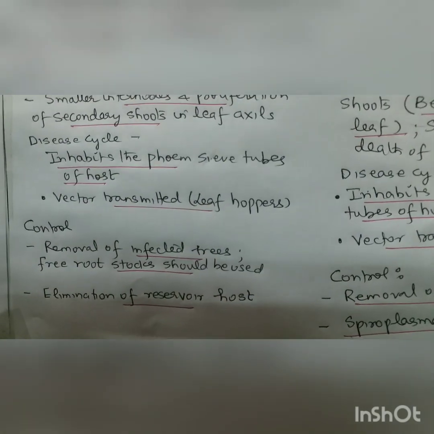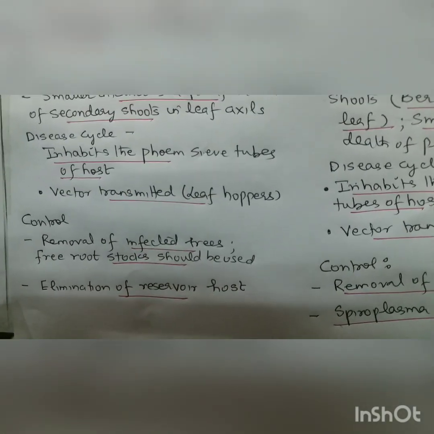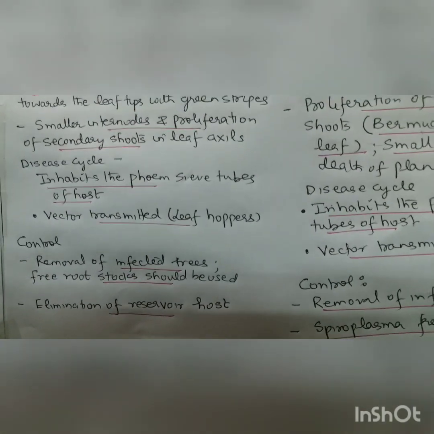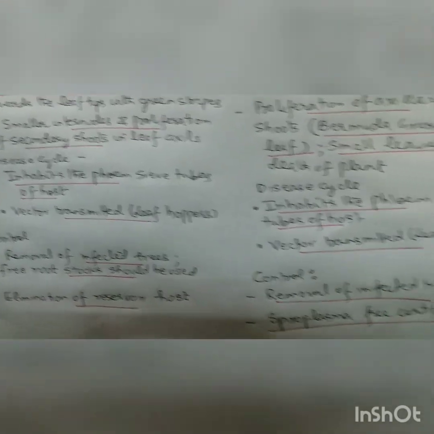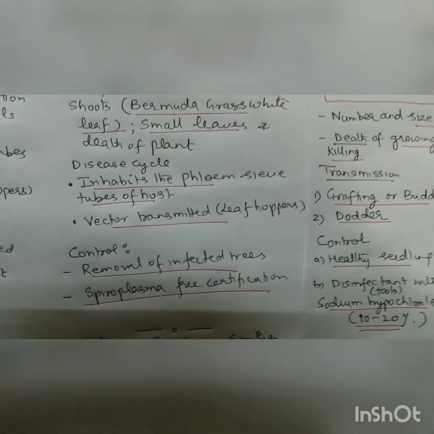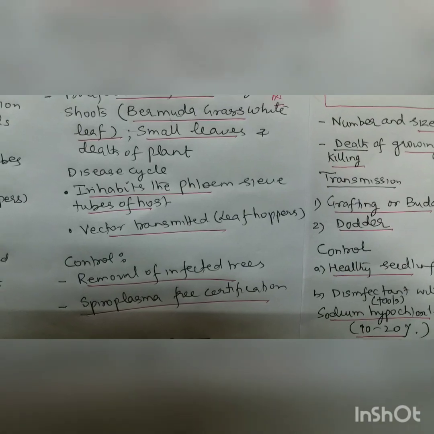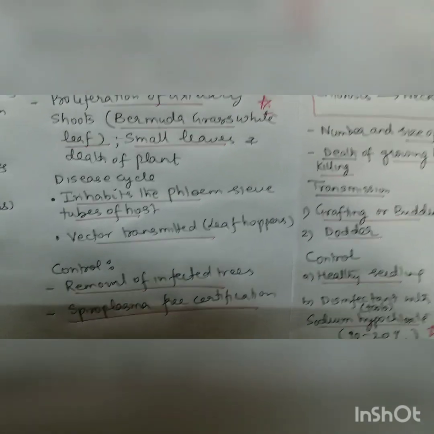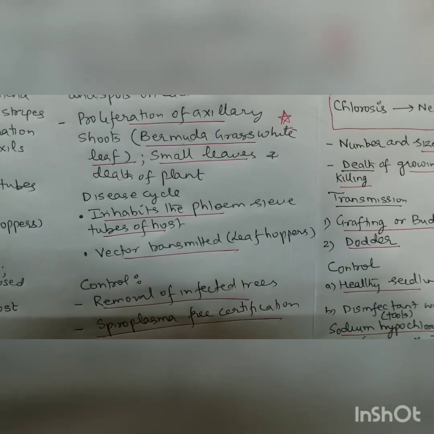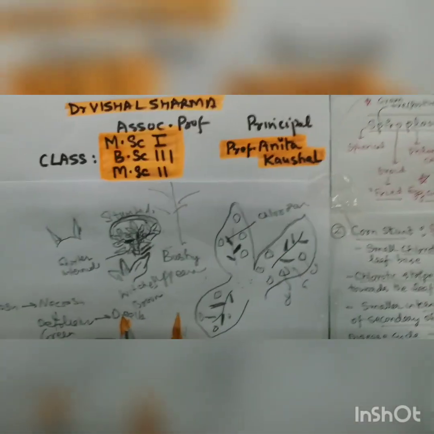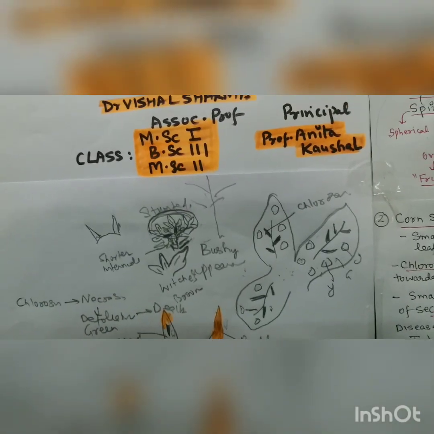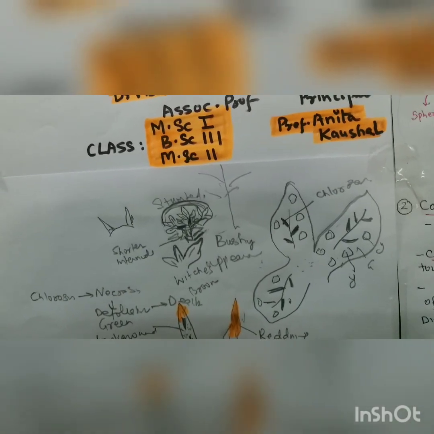So the control is also the same: removal of infected trees, which we did in the stubborn disease, and elimination of reservoir hosts. So seed symptom of Spiroplasma-free certification, that it is free of the disease. So these are the important diseases I have taken, and these are the symptoms I explained to you. So please go through these symptoms and get back to me with any problem you have.